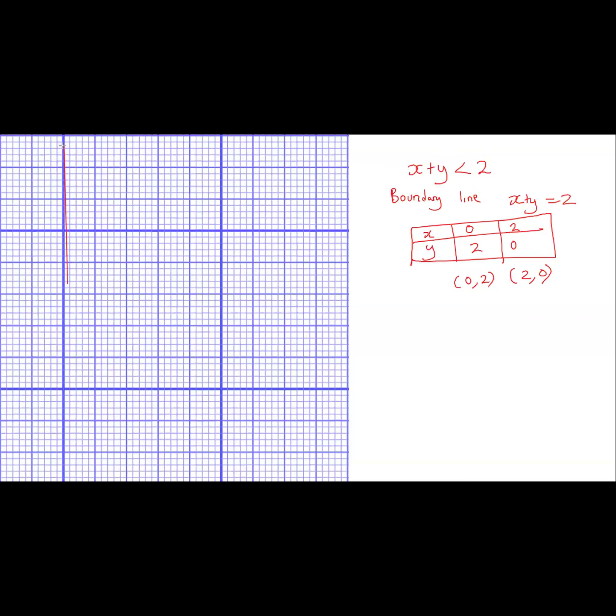Always draw your line. This is my line. After drawing my line, I draw another line. After drawing your lines, I put a demarcation. Then I label that this is my y axis and this is my x axis.